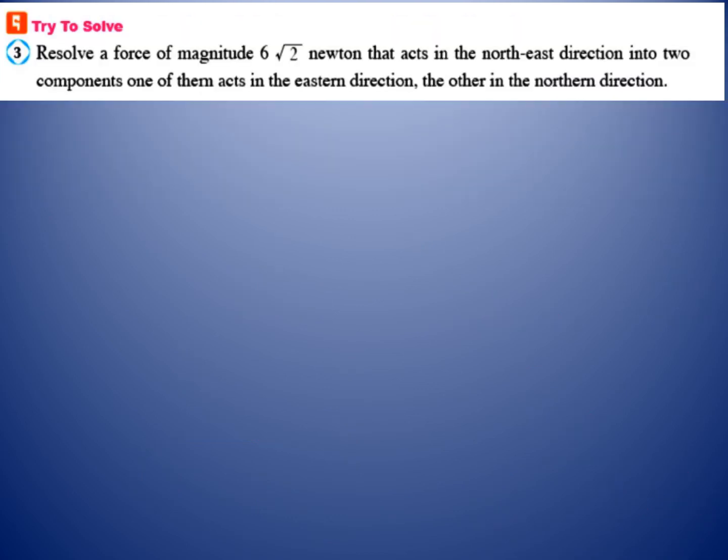Let's take an example. Resolve a force of magnitude 6√2 Newton that acts in the northeast direction into two components, one of them acting in the easterly direction and the other in the northern direction. So you have a force 6√2 acting in the northeast. You have east and west, and north and south.